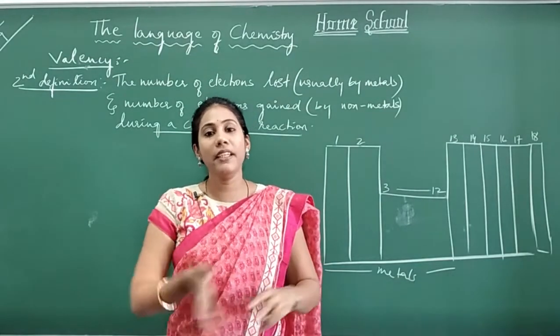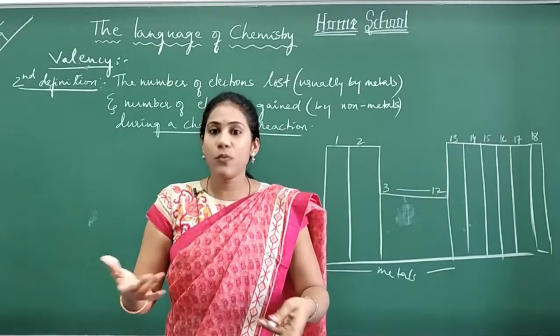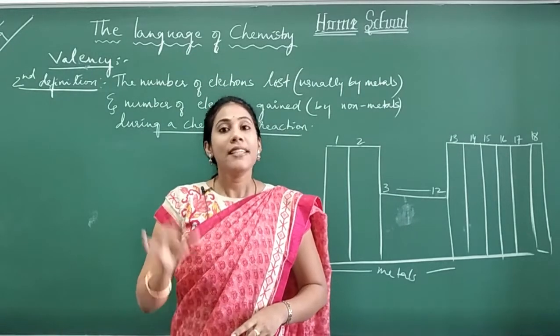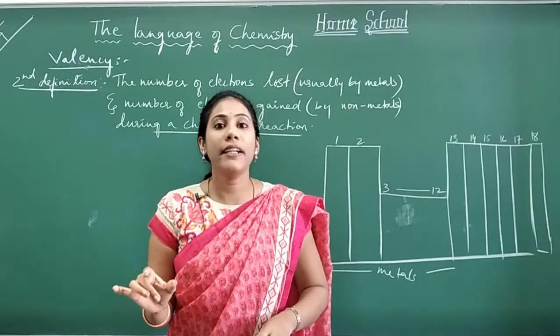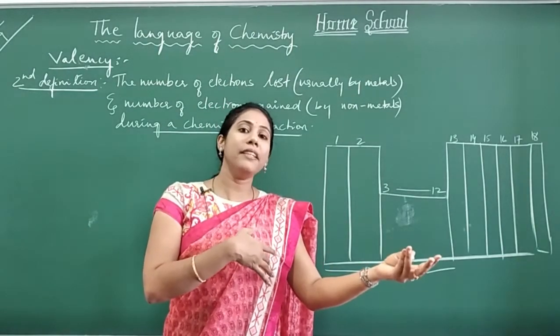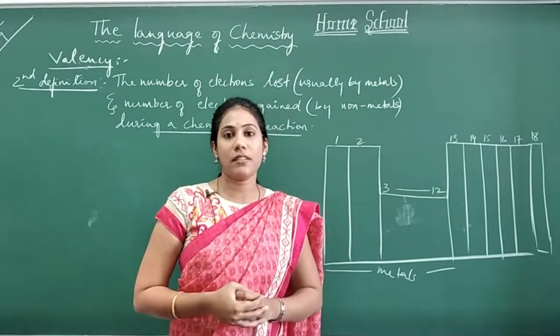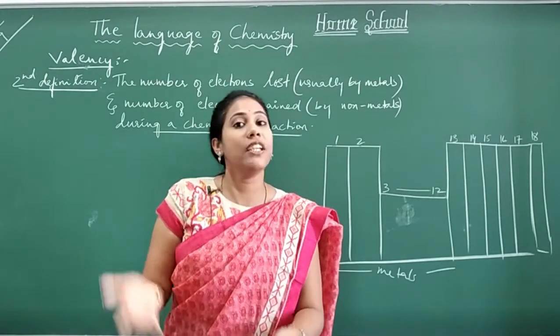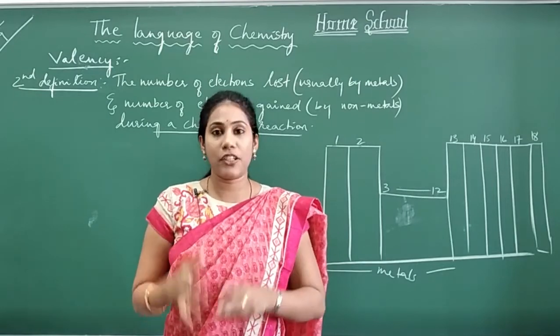Some people give money and some people take money. That's what we call business. But in chemistry, a chemical reaction means some elements give electrons and some other elements take those electrons. So this giving and taking electron business only, we call a chemical reaction.